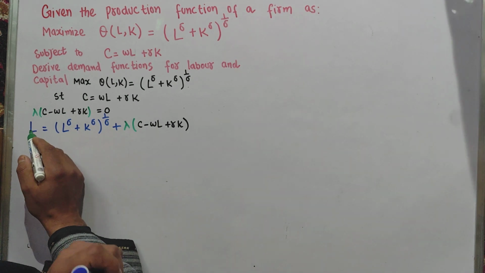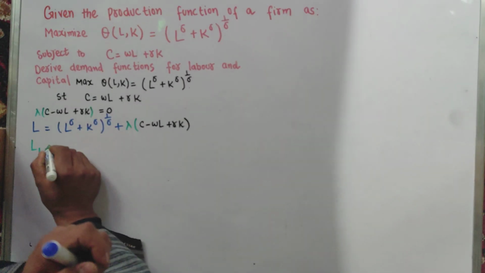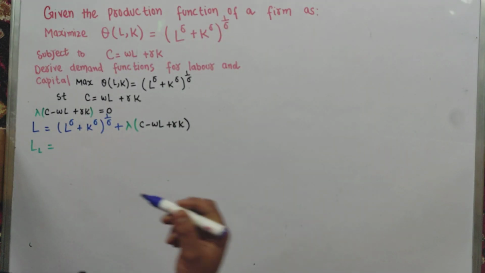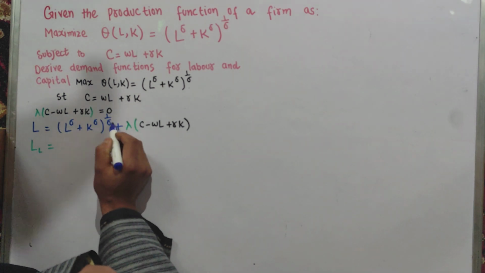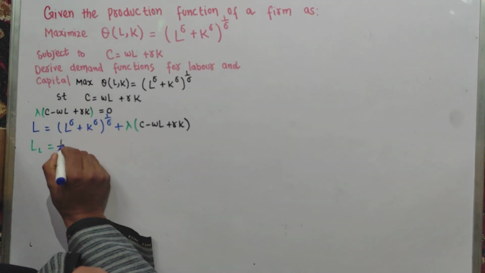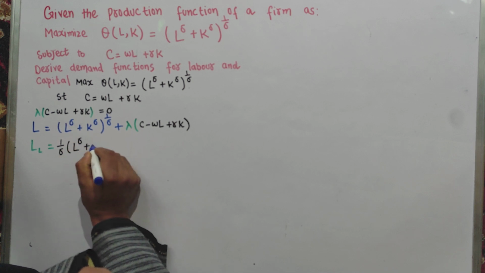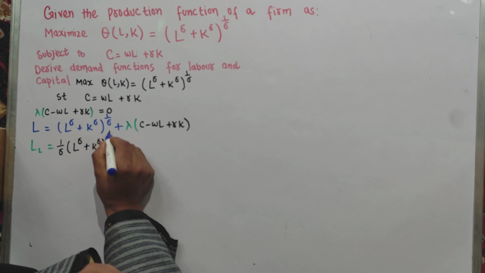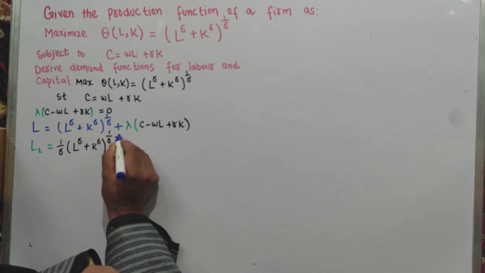First we take the partial derivative, that is L subscript L, the partial derivative of this Lagrange's function with respect to L. First we apply the power function rule, so 1 upon delta becomes the coefficient, then we have (L^δ + K^δ) with the exponent subtracted by 1, so it becomes 1/δ minus 1.